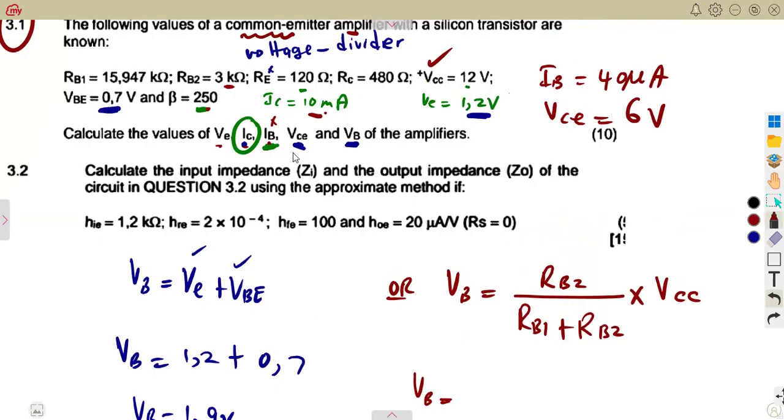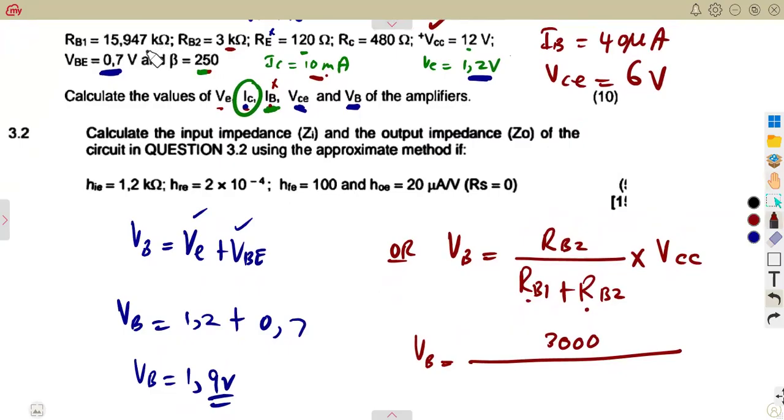RB2, 3 kilo ohm, that's 3,000, over the sum of these two. RB1, if you multiply this by 1,000, the 15 comma there is going to be 15,947, okay? Plus RB2, the same 3,000 that we had before. Everything that we are having here is supposed to multiply the VCC.